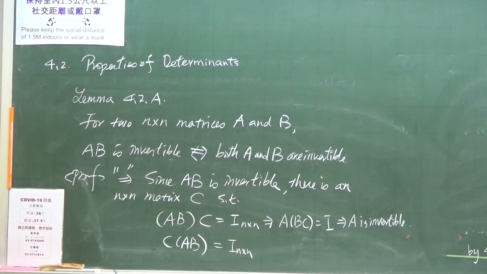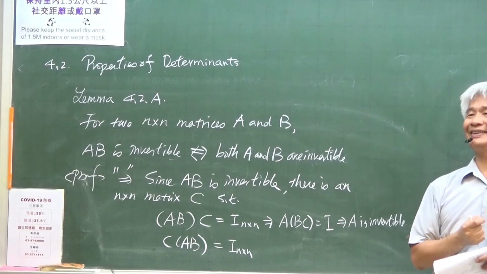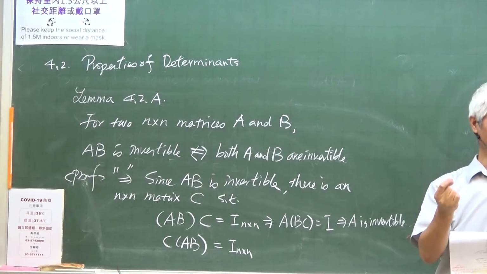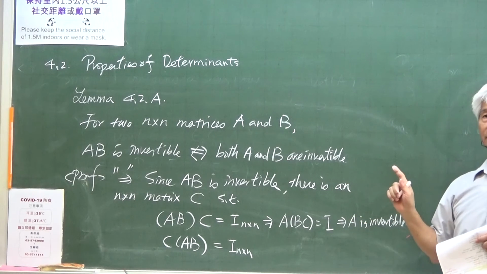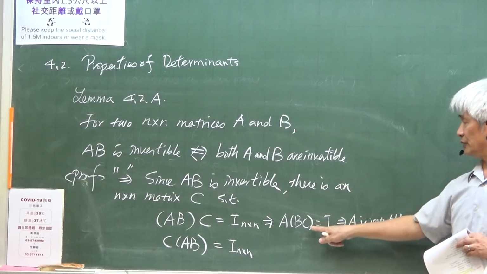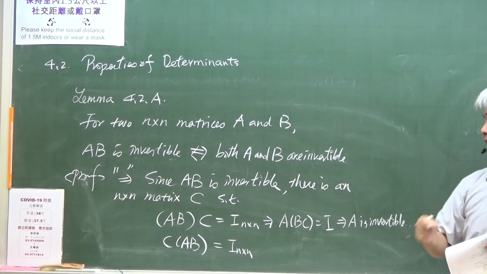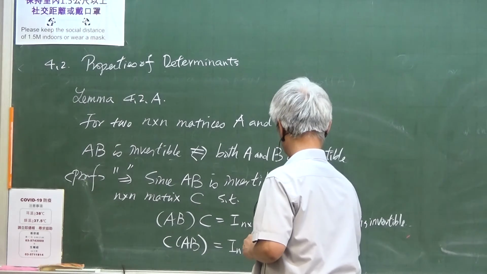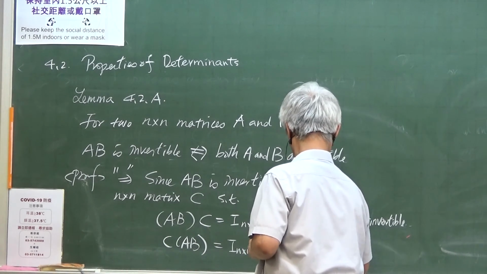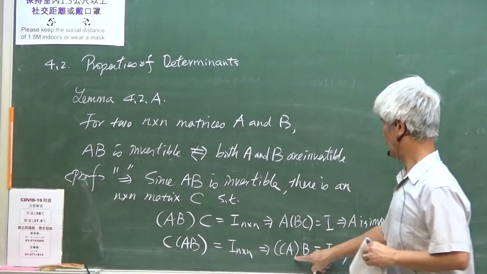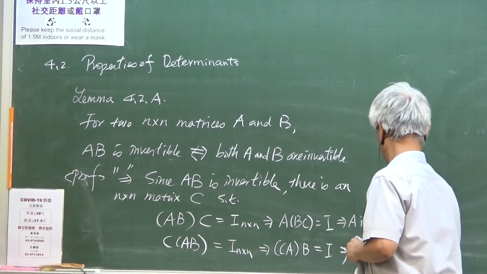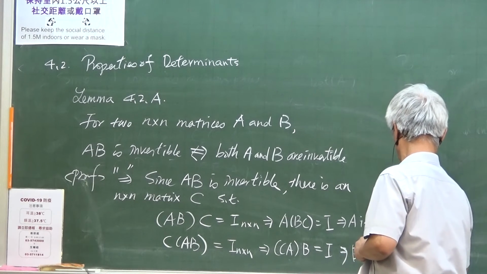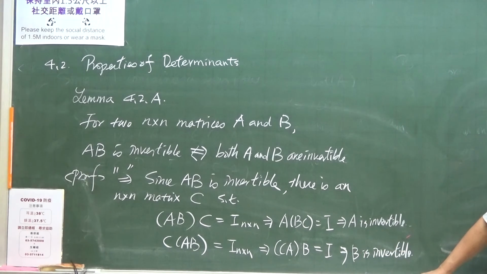Because we have shown in chapter 3, if a square matrix, I have to emphasize square matrix, has a right inverse, then this matrix is invertible, and the right inverse must also be the left inverse. Similarly, B has a left inverse, so B is invertible. Any questions?